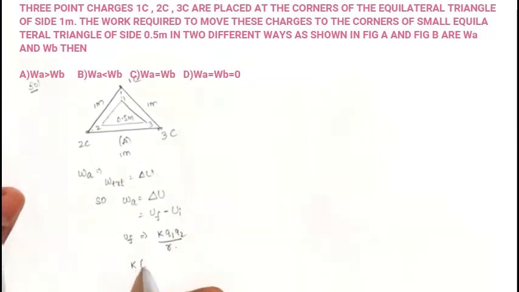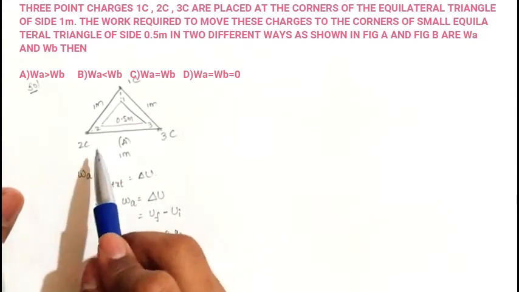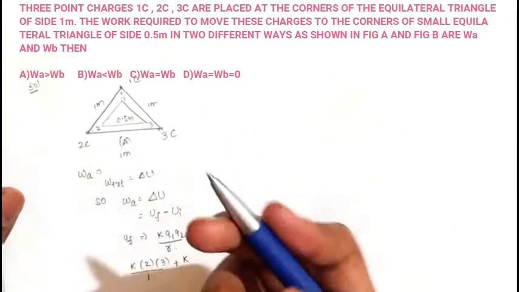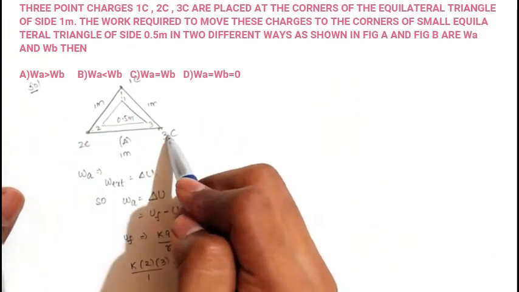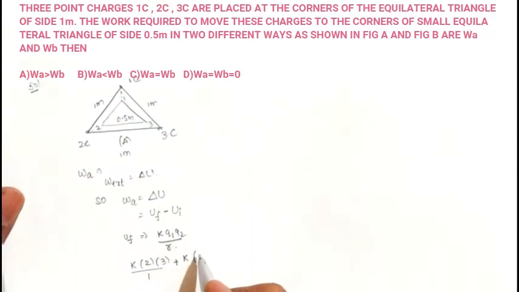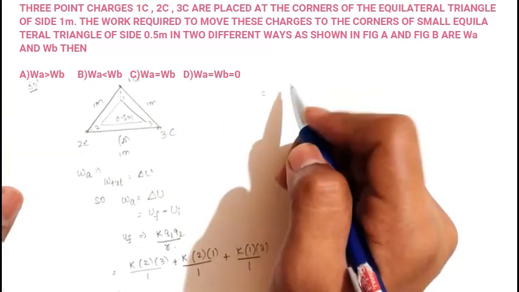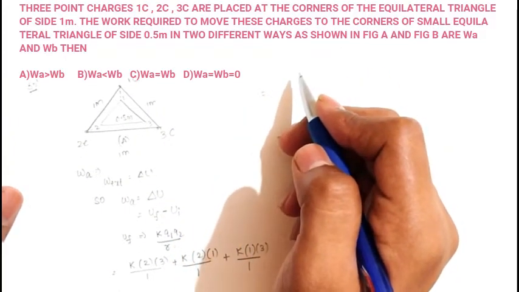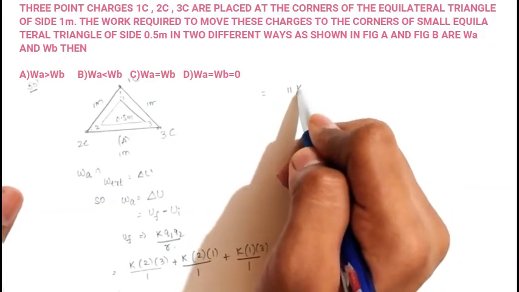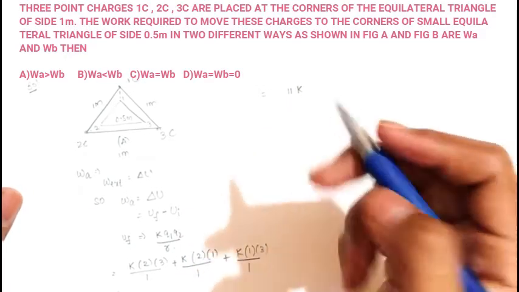K into 2 into 3 divided by 1, that is potential energy between 2 and 3 coulombs. Now 2 and 1 coulomb, and lastly 3 and 1 coulomb we have to calculate: 2 into 1 divided by 1 plus K into 1 into 3 divided by 1. It's 11K. This is U initial.